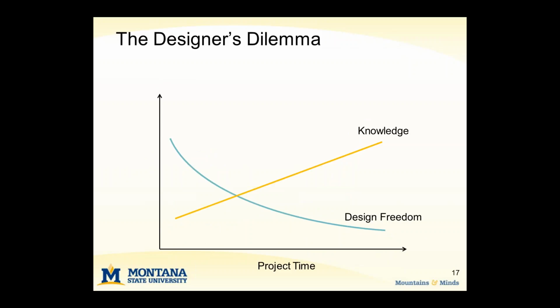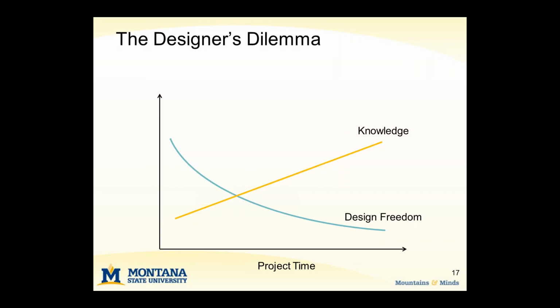The designer's dilemma is simply this: early on in the project, you have all the freedom in the world to do whatever you want as far as proposing solutions, but unfortunately you have the least amount of knowledge that you will have during the life of this project. Then as you make decisions and move forward with the design process, your design freedom decreases over time, because every decision you make constrains what you can do next.